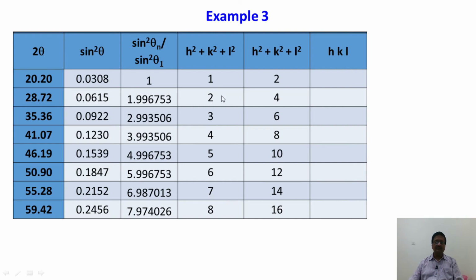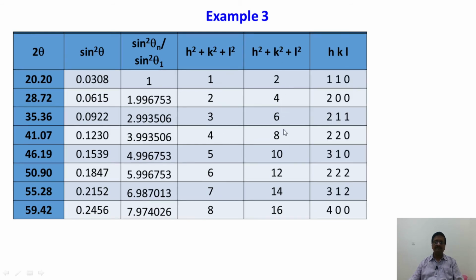Now what we see is 1, 2, 3, 4, 5, 6 can be represented as sum of squares of 3 integers, but 7 is such a number which cannot be represented as a sum of squares of 3 numbers. So because of that number 7, this series of numbers is not an acceptable set of numbers for h square plus k square plus l square. So at this point we need to multiply this by 2 to get this set of numbers.